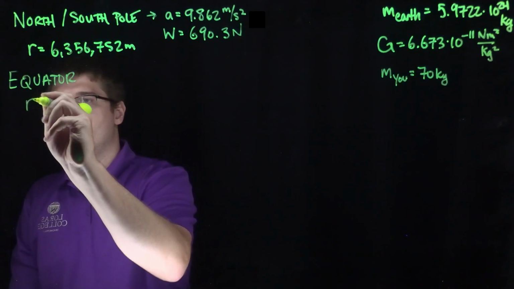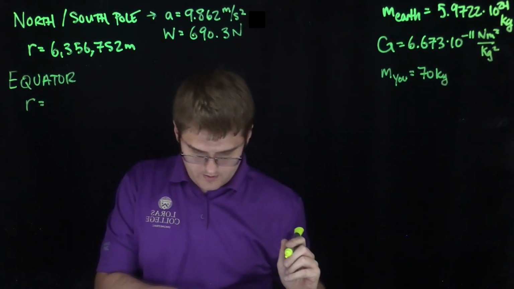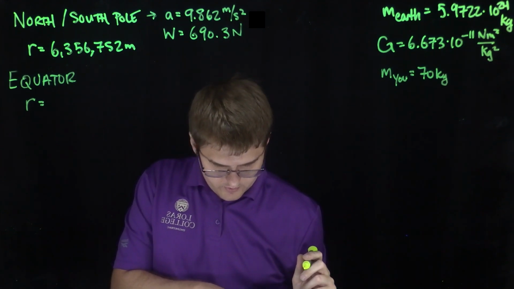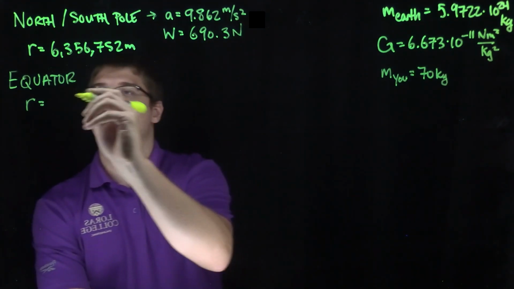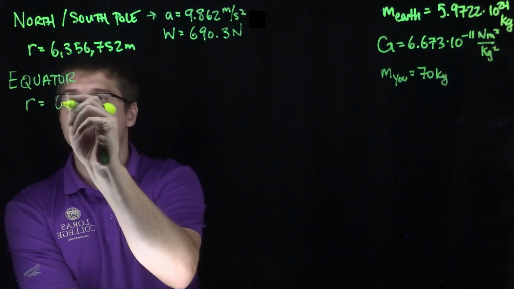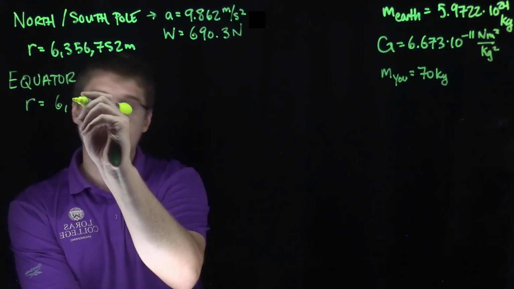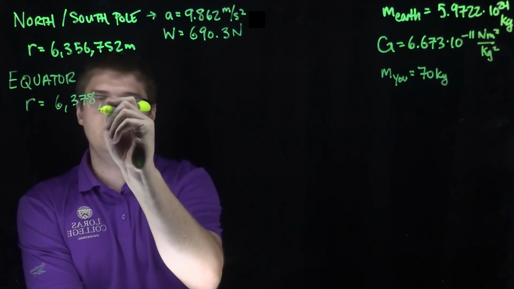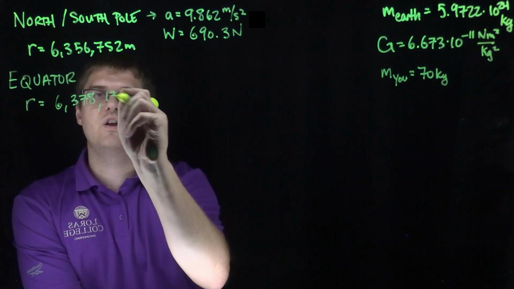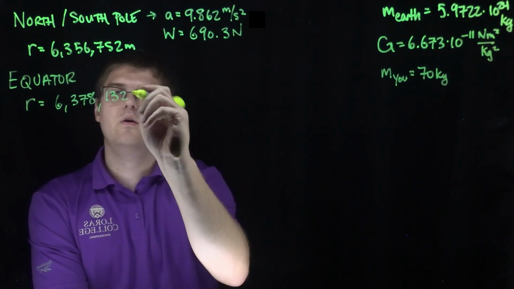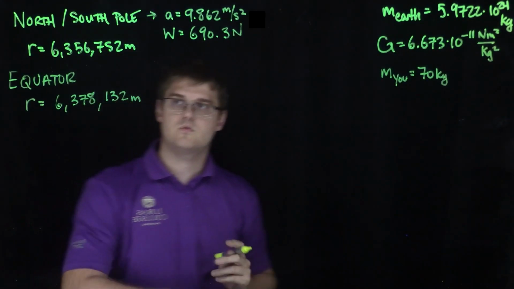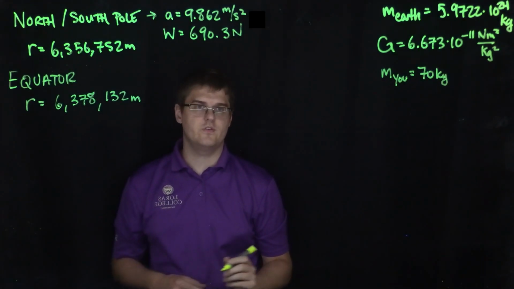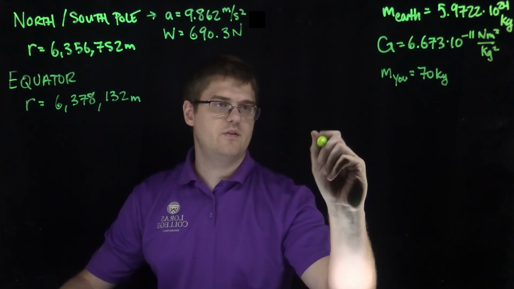The equator, we're told, has a radius distance of 6,378,132 meters. Everything else that's going in here is the same. I'm going to put it on this side.